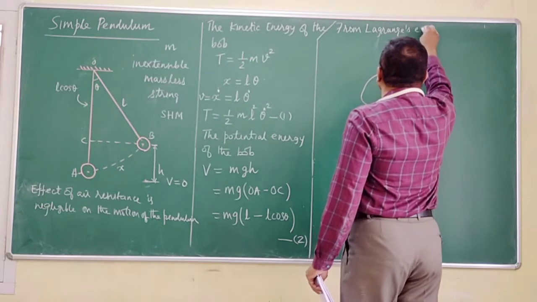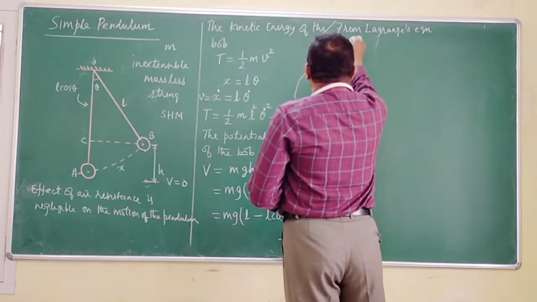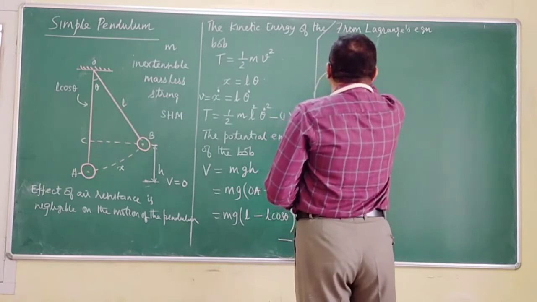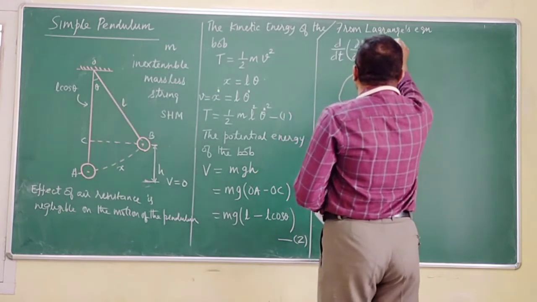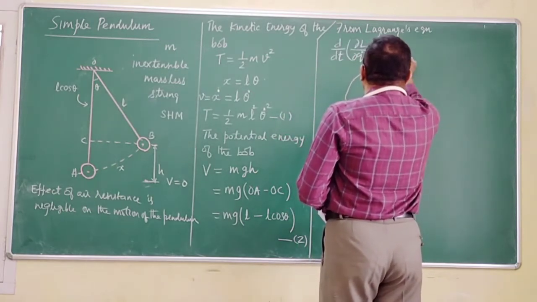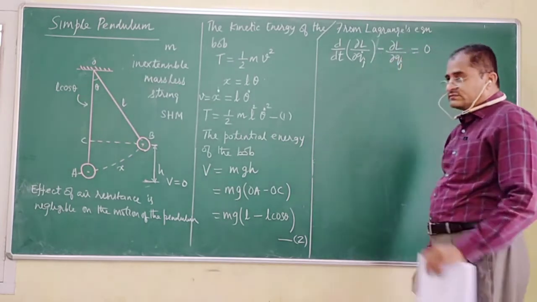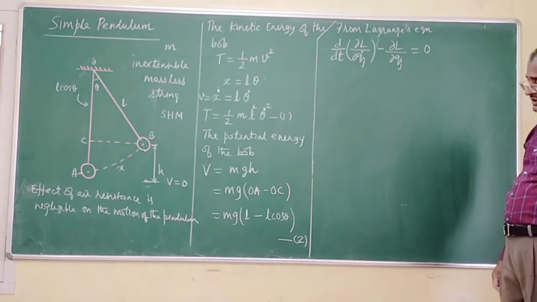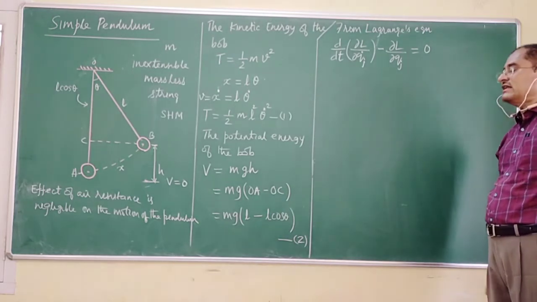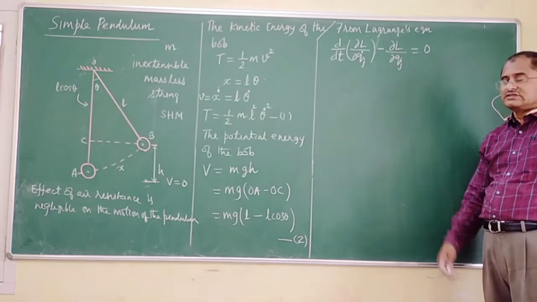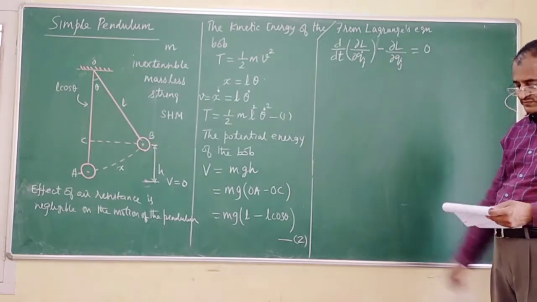From Lagrange's equation, this can be written as d/dt of ∂L/∂q̇_j minus ∂L/∂q_j is equal to 0. And we know from transformation equations, Lagrangian L is a function of q, a function of q̇, and a function of t as well.